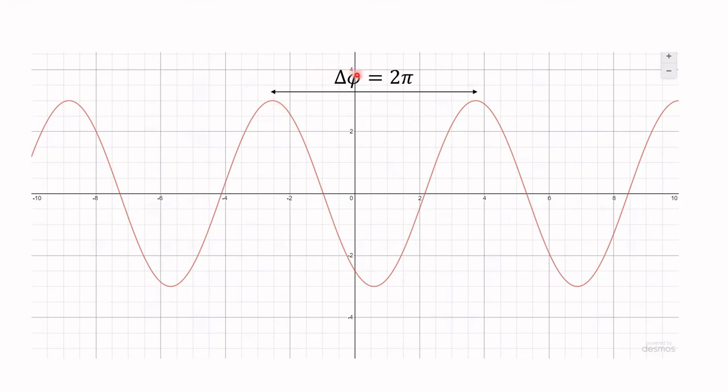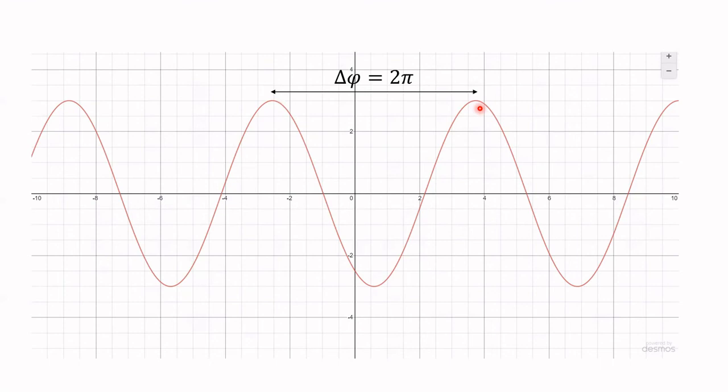Delta phi, the Greek letter phi, this is the phase difference between these two points. You all have enough background in trigonometry to know what I'm talking about. Sine or cosine repeat every time the argument goes through 2 pi radians, or I could say every time the phase increases by 2 pi radians, right?